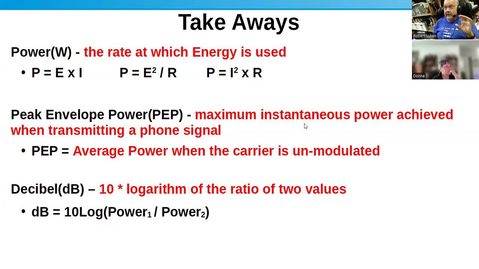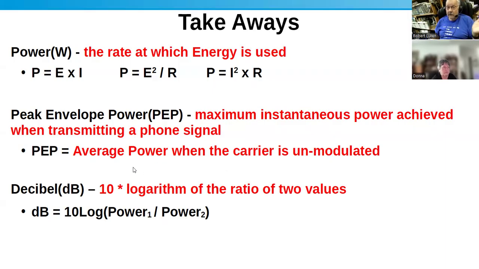And remember, it's the RMS value of that instantaneous peak. That confuses a lot of people, the way they define it. And the peak envelope power is equal to the average, or RMS power, when it's unmodulated.